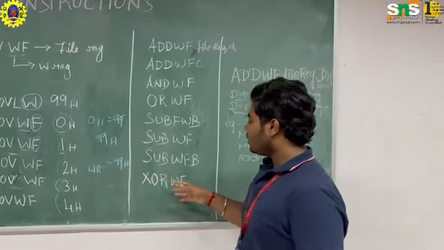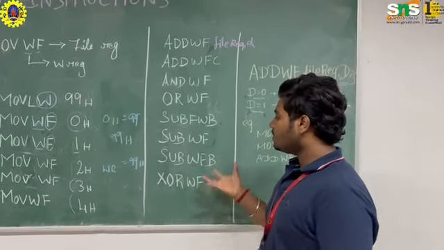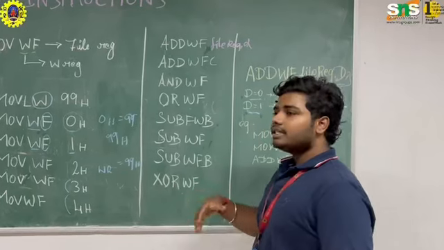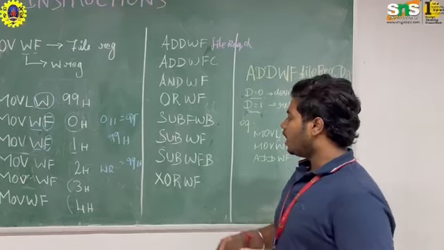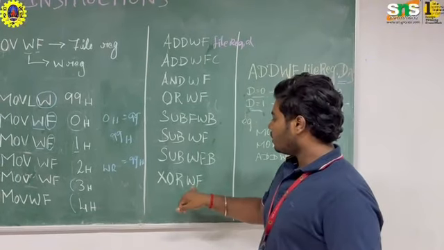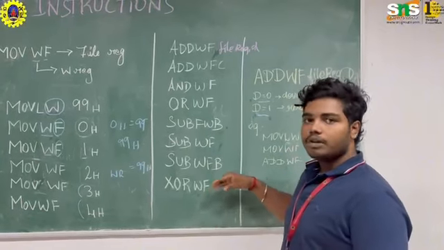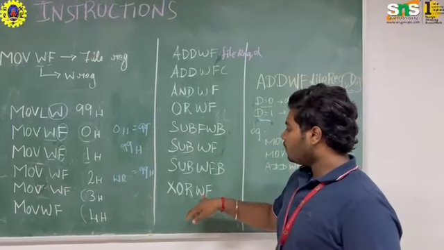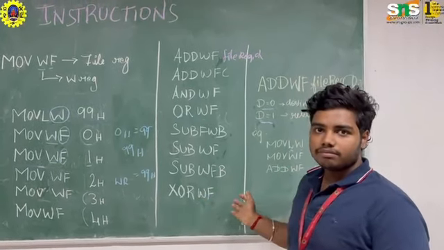Here XORWF is a logical instruction where, for dissimilar values like 0, 1 or 1, 0, the output will be 1. So if W is 1 and the file is 0, the output will be 1.